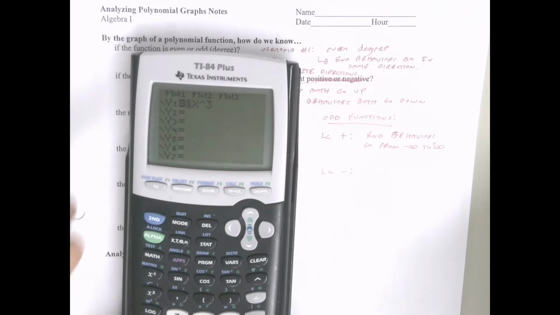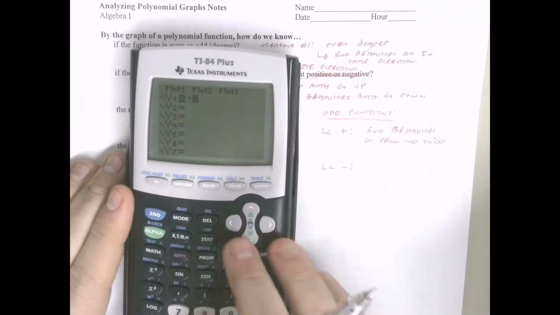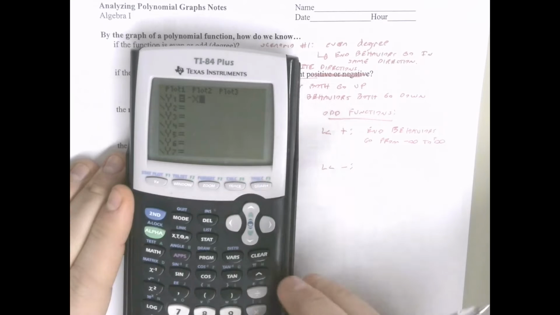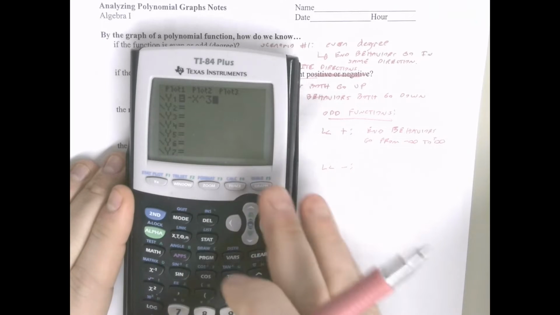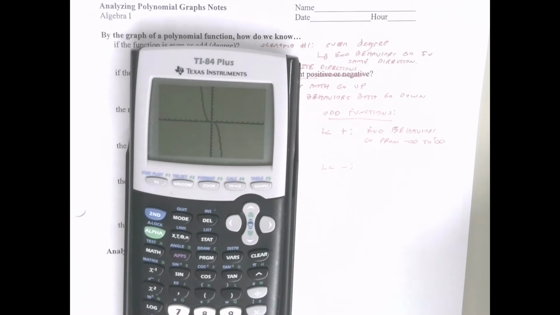Let me show you, just so you can trust me. If I've got a negative out front, and then x raised to the third, and then graph it, notice, exactly right. See how it starts from the left side at positive infinity, and then to the right side it goes to what? Negative infinity. Very good.